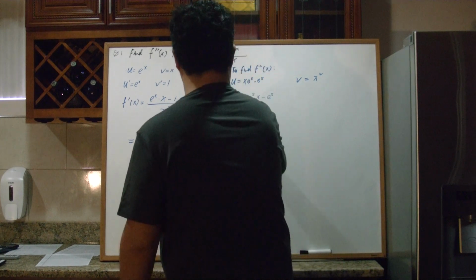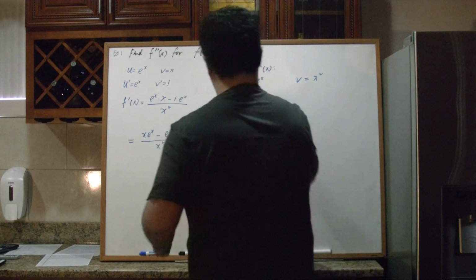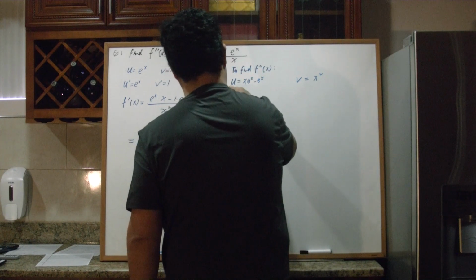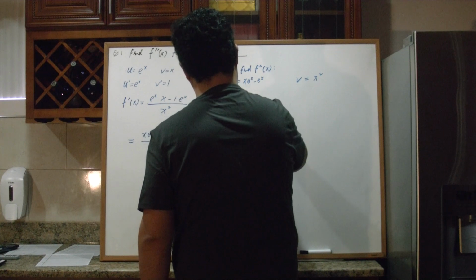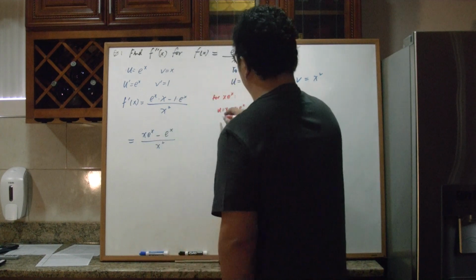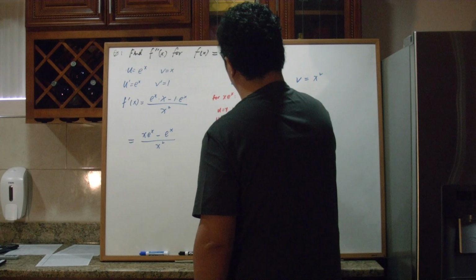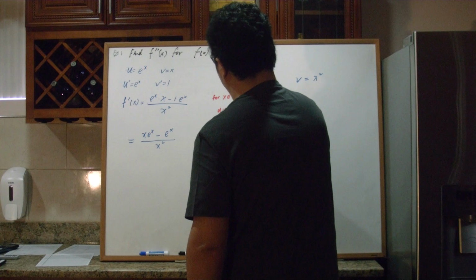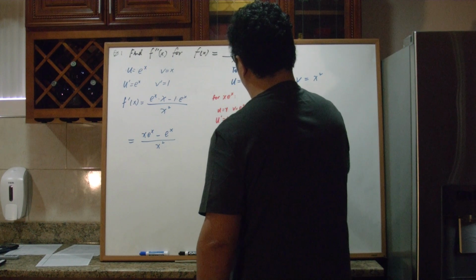Right, so if we simplify this a little more, for x e to the x, I could separate it into another format, v prime equal e to the x. Therefore, x e to the x derivative is e to the x plus x e to the x.